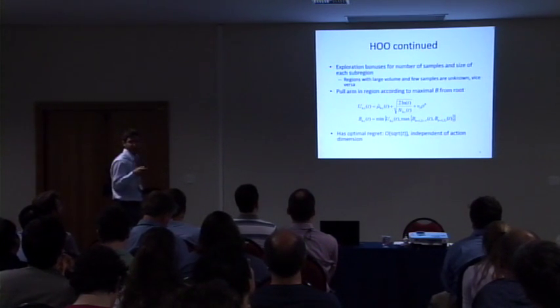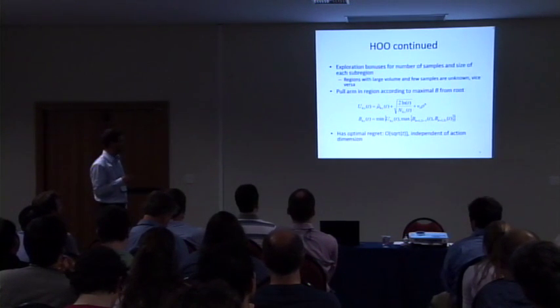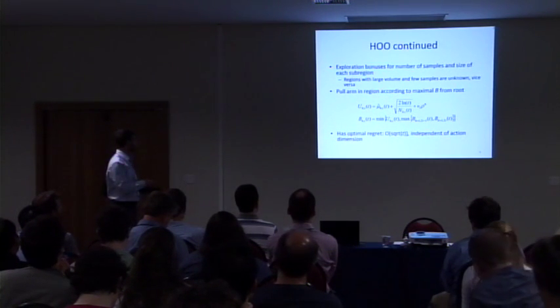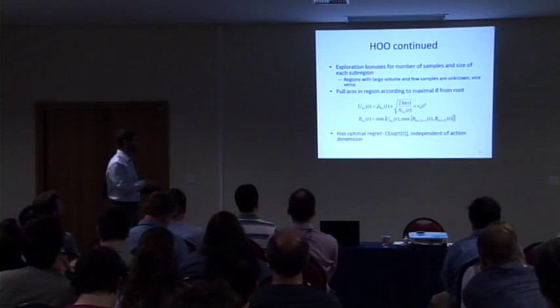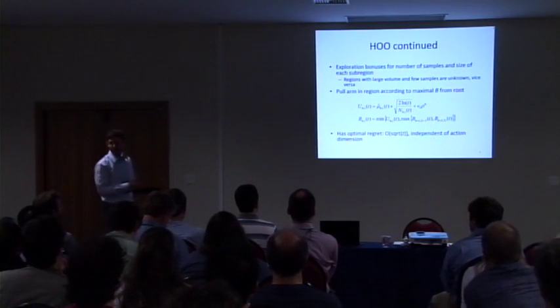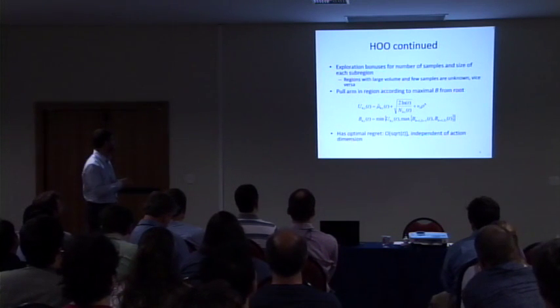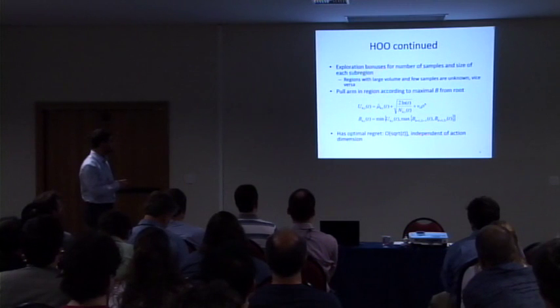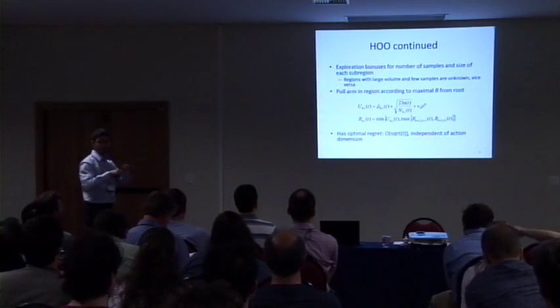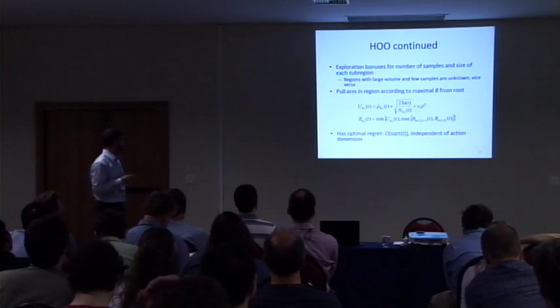Okay, so now I'm going to go into the actual math of how the b-value is computed. Just like in UCB, there's a term that incorporates a mean value as well as some bias term for arms that haven't been sampled very often. In addition to that, there's another term which is just a volumetric bonus. For each node in the tree, there's some bonus that corresponds to how large a region that node covers.